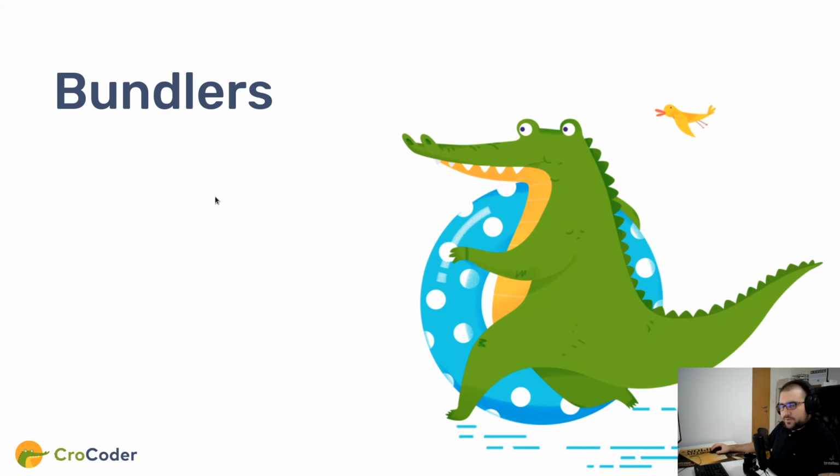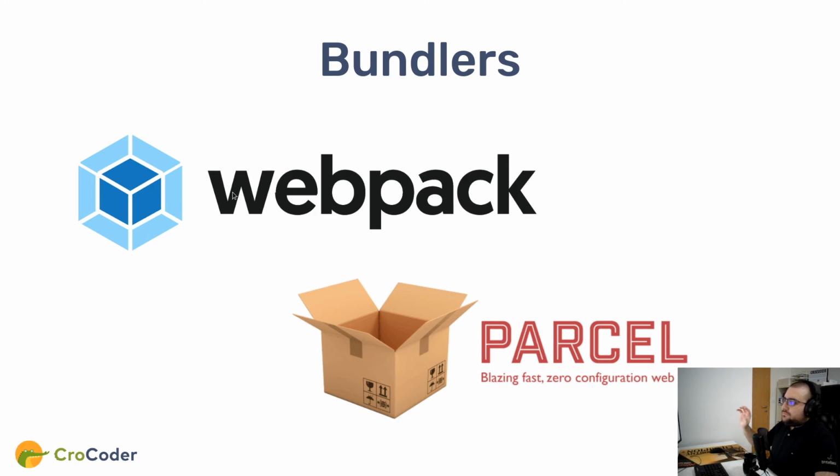Bundlers take different resources that we are serving from a server or locally on our local server and bundle them. That's why they're called bundlers. If you have multiple CSS files, we get one CSS file. If you have multiple JS files, we get one JS file. If you have multiple images, some bundlers do crazy things with them, like image optimization and so on. They're pretty neat. There are two big bundlers for front end, and they're called Webpack and Parcel.